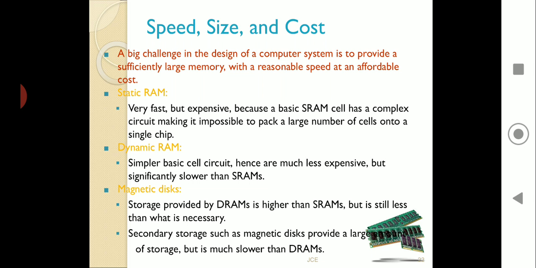That means if I have speed, I will not be having size. That means speed will be there, but the cost will be high. If I have speed and cost, then the size will be more, something like that. If the cost is less, then the speed will be less. If the cost is more, then the speed also will be more.